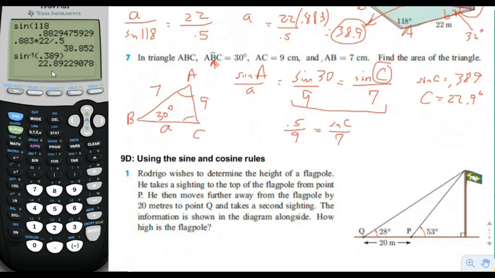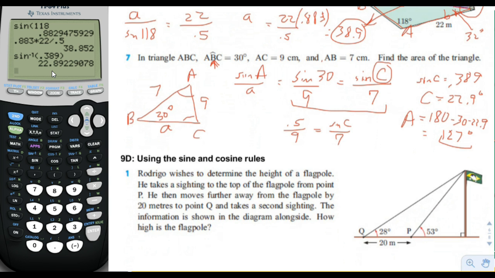And then now we can figure out that angle A is 180 minus 30 minus 22.9. So that's, let's see, 180 minus 30 is 150. 150 minus 23 is 127. Okay? So now angle A we know is 127 degrees.